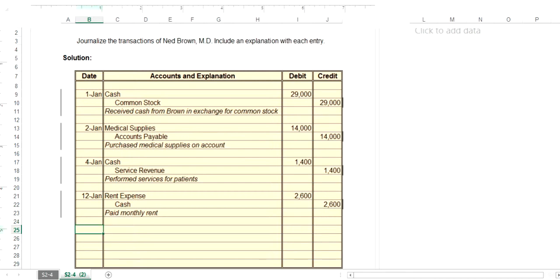And it looks like we have one last transaction, January 15th. We recorded $8,000 in revenue for services rendered to patients on account. So now, instead of receiving cash for our services, we told our patients that they could pay us later, and that's going to create a receivable. Okay, so we didn't receive cash, we generated receivables. So our debit is going to be to accounts receivable. It's a debit, that's an asset account.